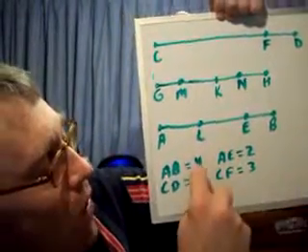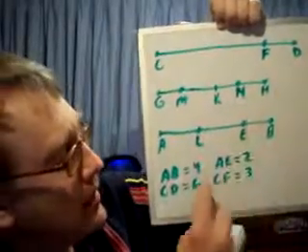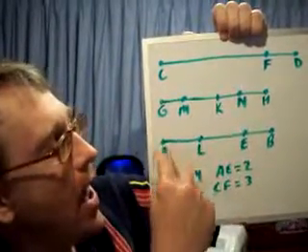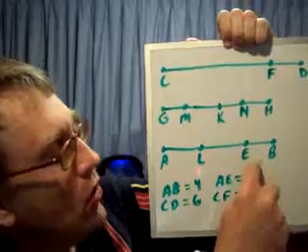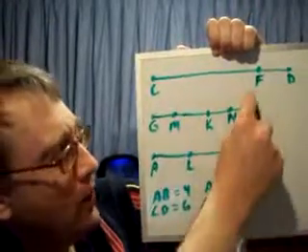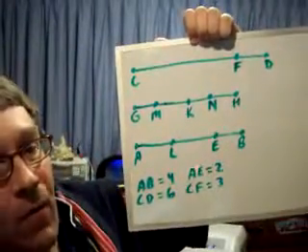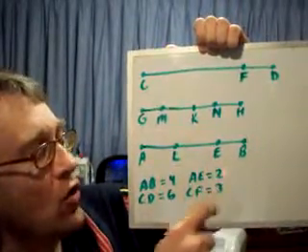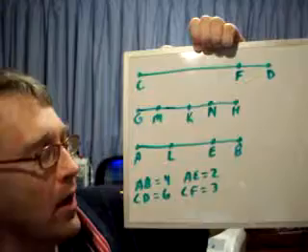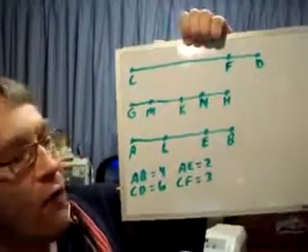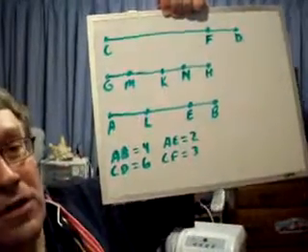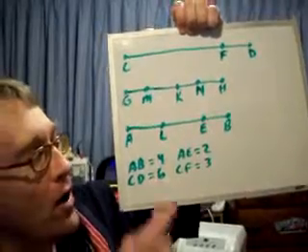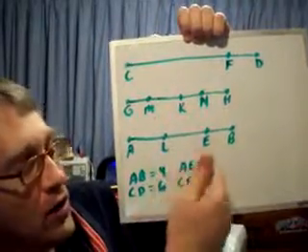AB is 4, CD is 6, AE is 2, and CF is 3. Why is that? Because as 4 is to 6, so is 2 to 3. Because if you reduce 4/6 down to its lowest terms, you're going to have 2/3. 2/3 equals 2/3. And that's true.